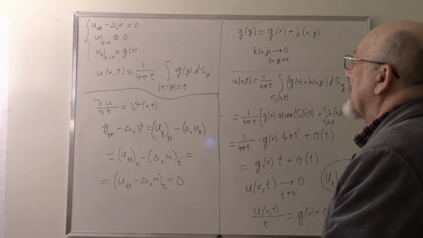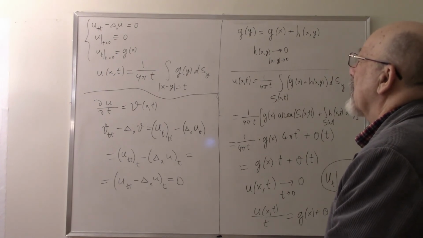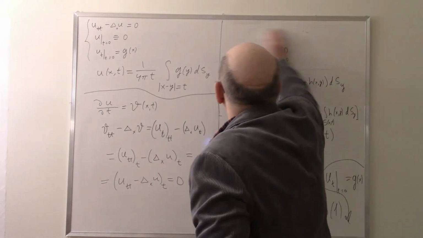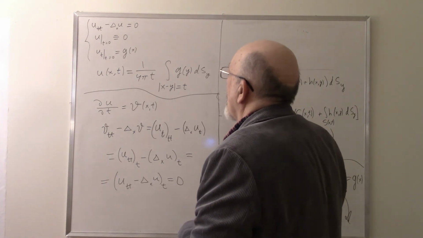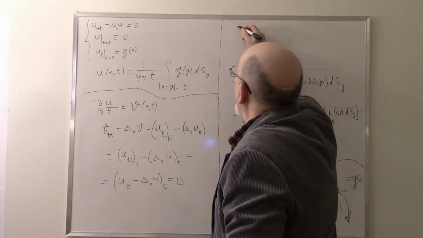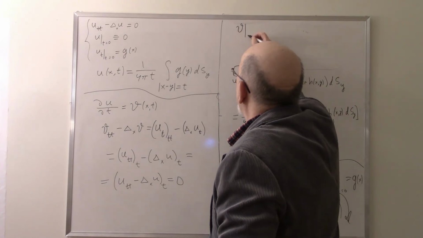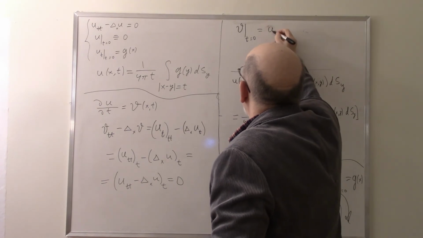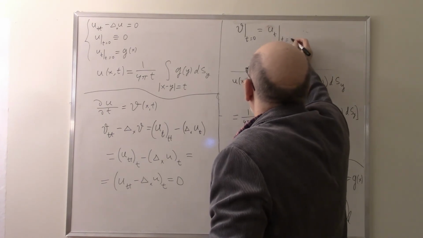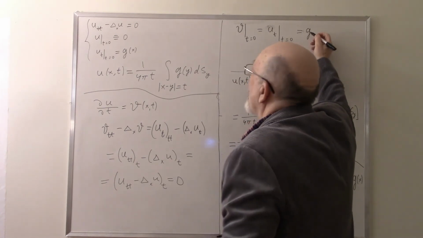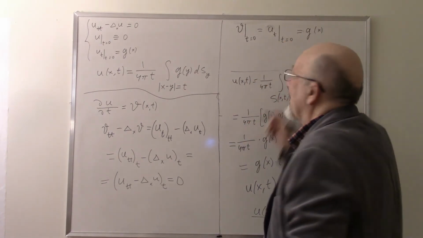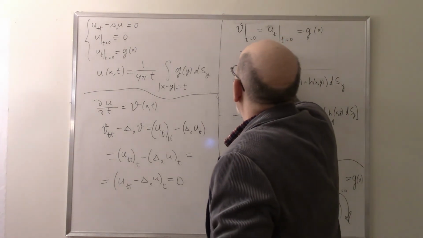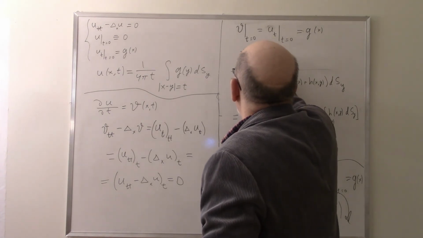Now what can be said of the initial data of this function, v equals du/dt? V for t equals 0 equals u_t for t equals 0 equals g of x, simply so. Yes? Now v_t for t equals 0.